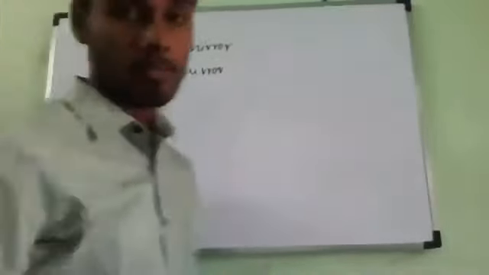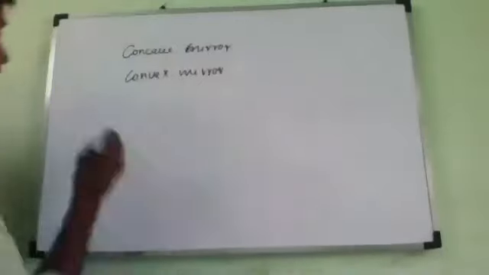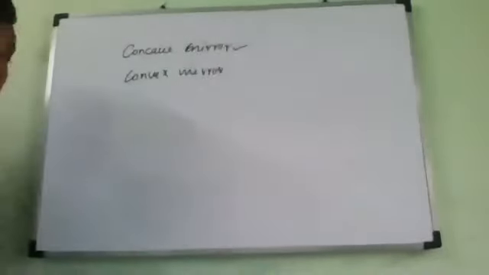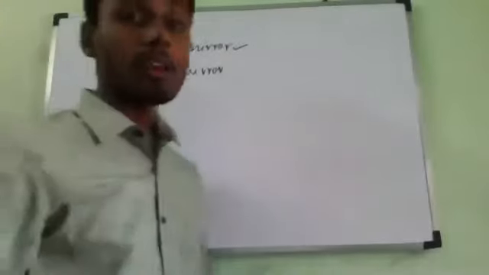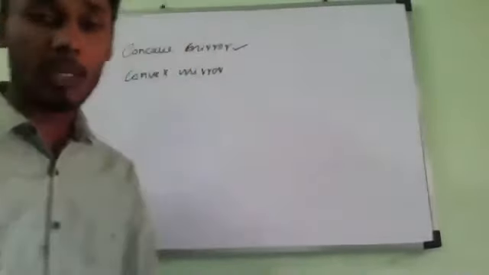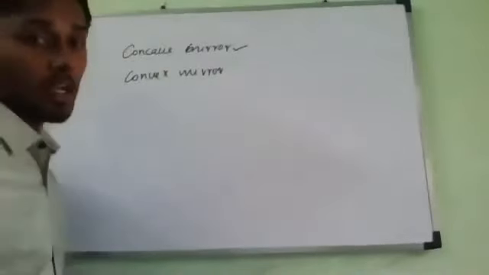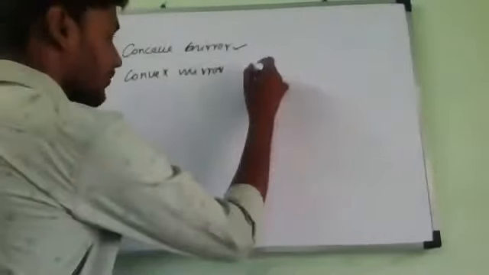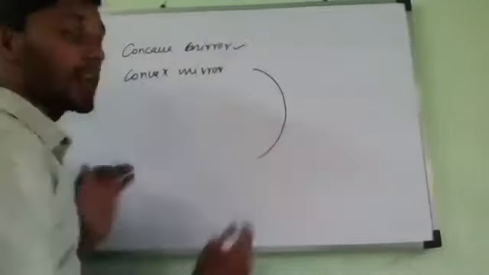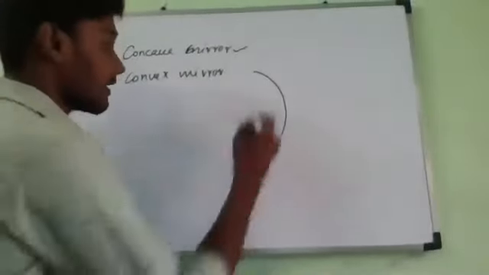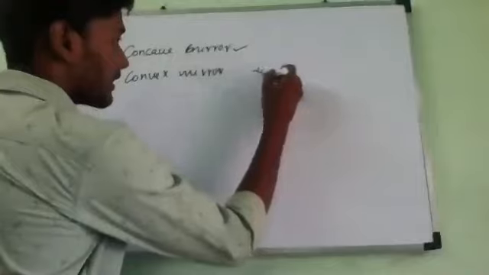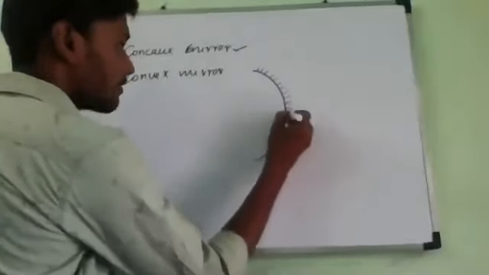Concave and convex mirrors. Now, what is the meaning of concave mirror? A concave mirror is a spherical mirror in which the reflection of light takes place at the concave surface. If we take a concave mirror, which is like a part of a hollow sphere of glass, then the reflecting surface is the concave side.